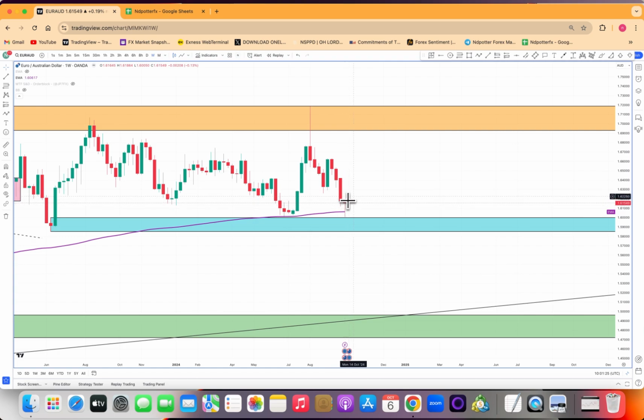So there is a possibility for next week's candle to come as a bearish candle to retest this zone before pushing to the upside, which if that happens, I'm going to be adding to my position around this area.